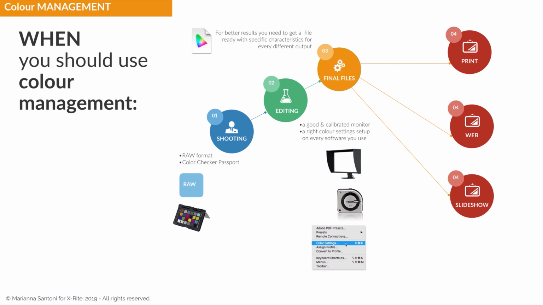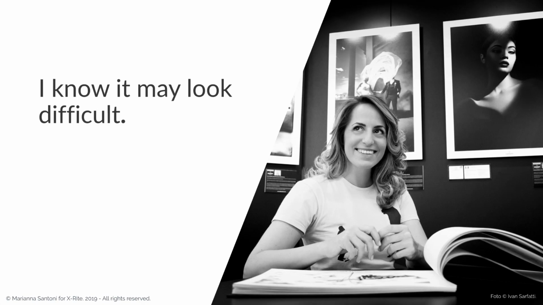The person who prints, of course, has to set the printer to work properly with the right profiles. If you are using your image on web or in a slideshow, you should take care of the color profiles anyway. I know it may look difficult, but I promise it's not.